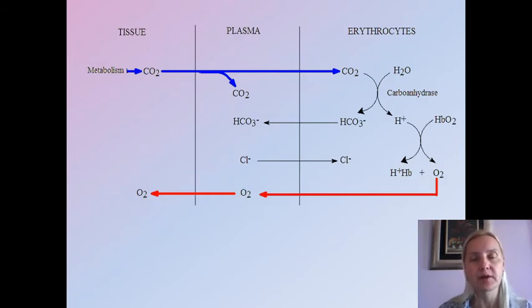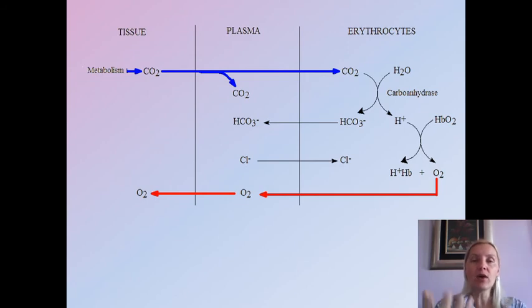So here we are. So we have tissue cells, we have blood plasma and erythrocytes. So during normal metabolism, we saw from the very beginning of this lecture that a significant amount of acids is produced and a significant amount of carbon dioxide is produced in oxidative processes in mitochondria.